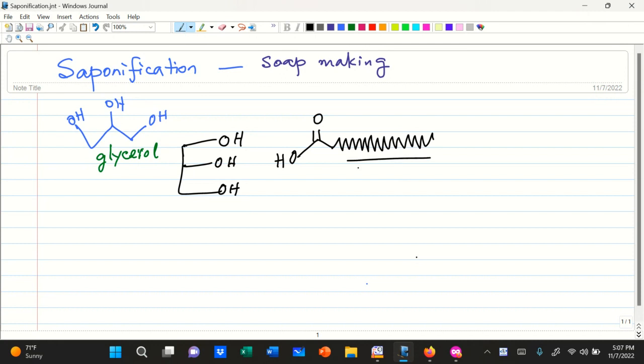What I am indicating here is a carbon number somewhere between C14 and, let's say, C20, or it can be C14 and C18 in this range. It could be 18 or 20.